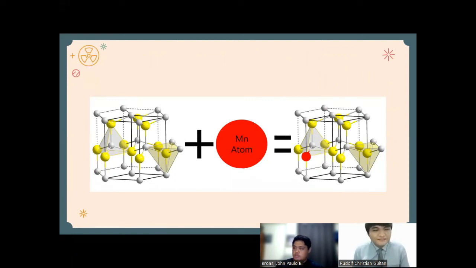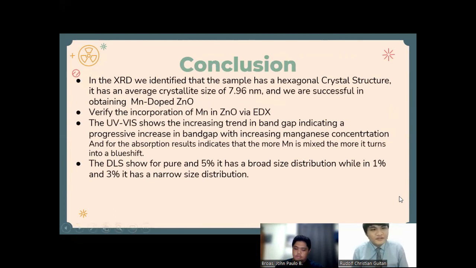Next slide, please. So in conclusion, from the XRD, we identified that the sample has a hexagonal wurtzite crystal structure. It has an average crystal size of 7.6 nanometers, and we were successful in obtaining manganese-doped zinc oxide. Via EDX, we verified the incorporation of manganese in zinc oxide.